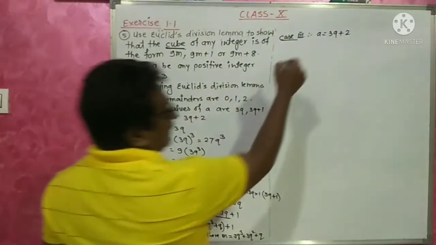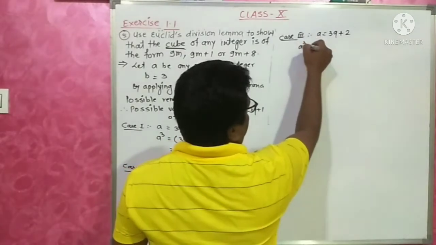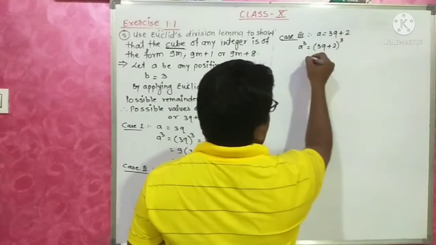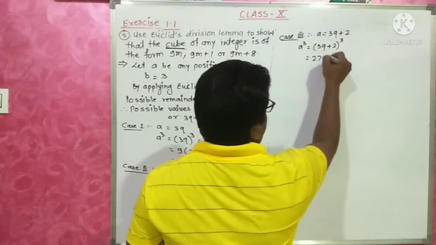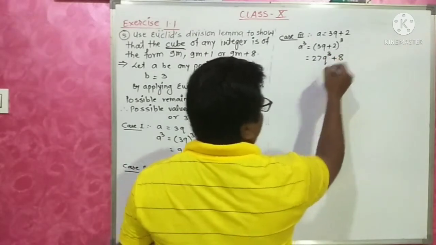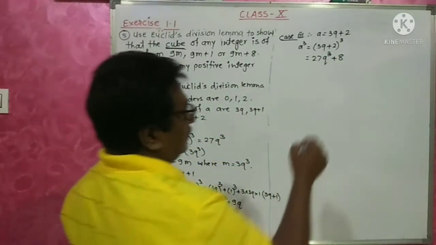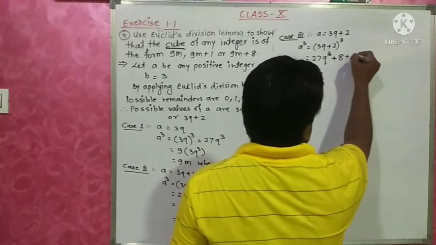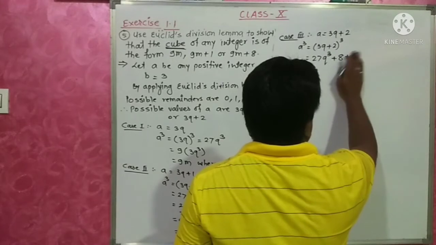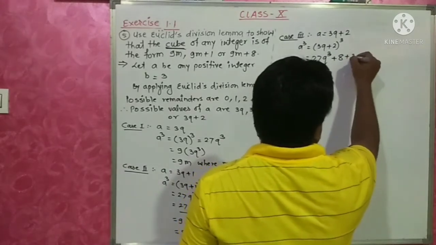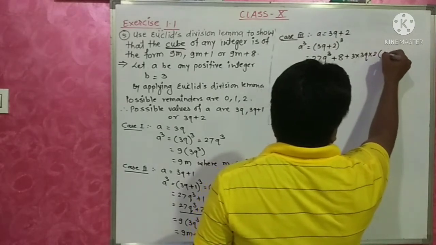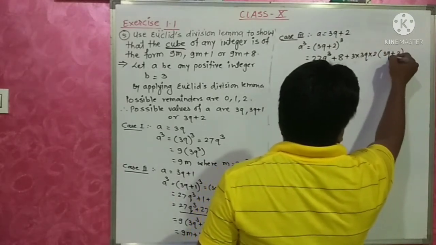So what will we get? a cube, (3q plus 2) whole cube. 27q cube plus 2 cube means 8, then 3 into 3q into 2 into (3q plus 2).